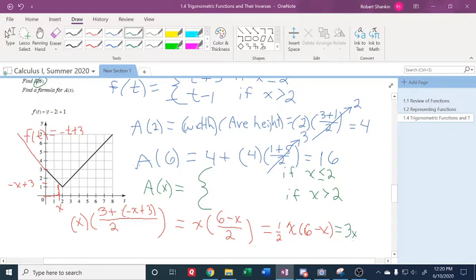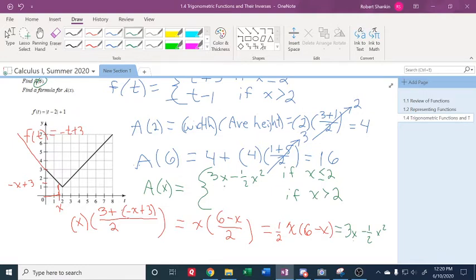And the 1/2 x times negative x makes minus 1/2 x squared. So it's going to be 3x minus 1/2 x squared. Now, it's a pretty complicated function because it's a pretty complicated idea.